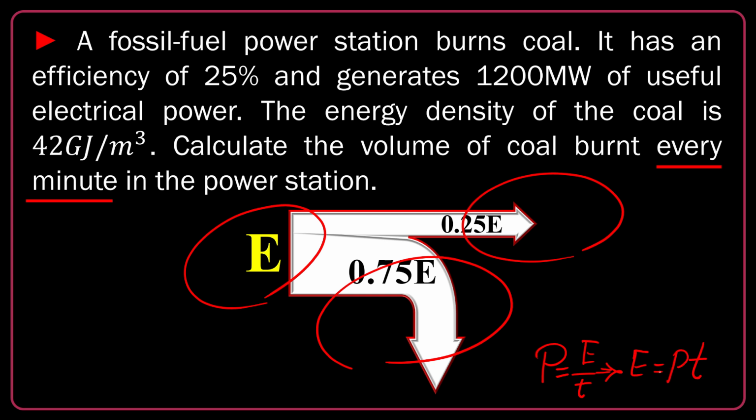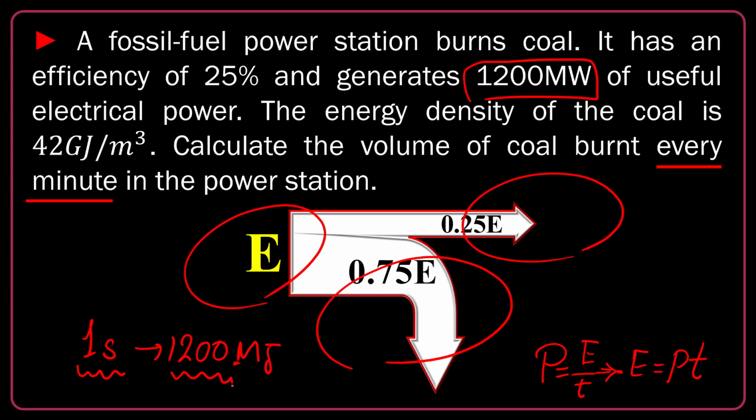Okay, so anyway, for 1 second, the energy produced is 1200 megajoules, because megawatt means megajoule per second. So each second, this amount of energy. In 1 minute, as it's 60 seconds, the amount of energy is 60 times larger than this.